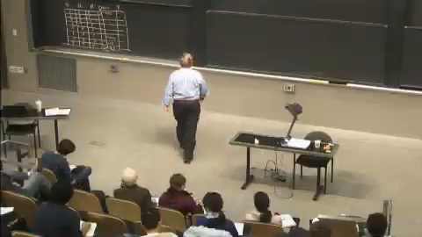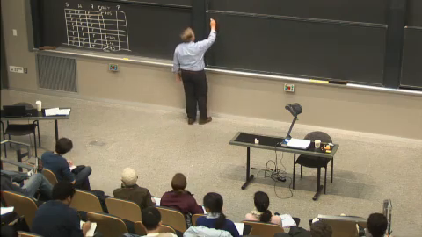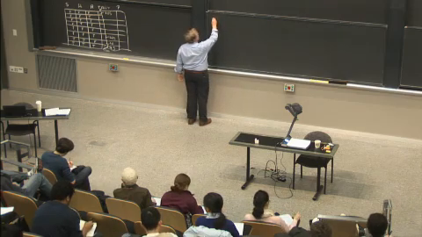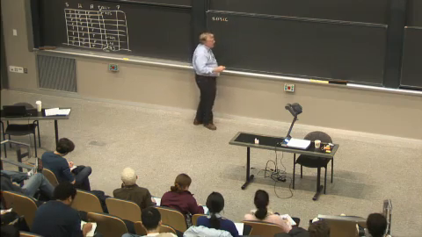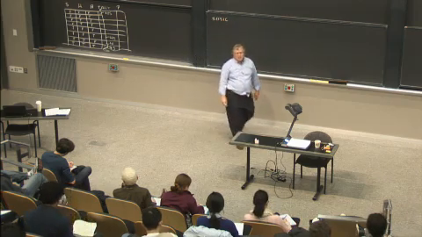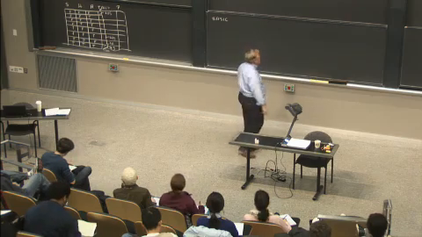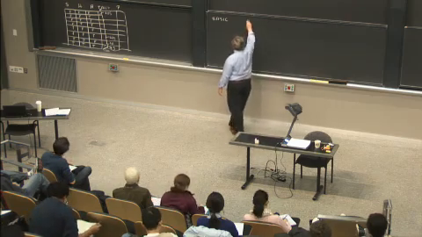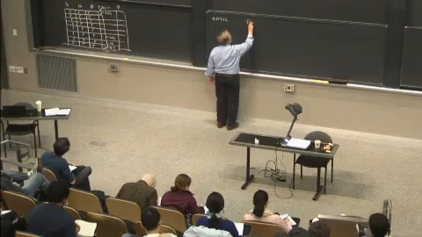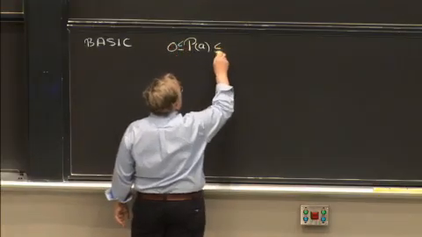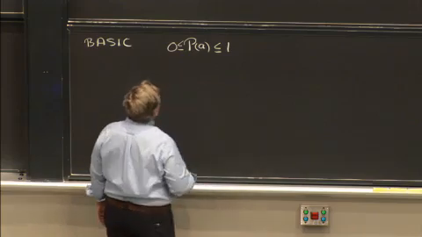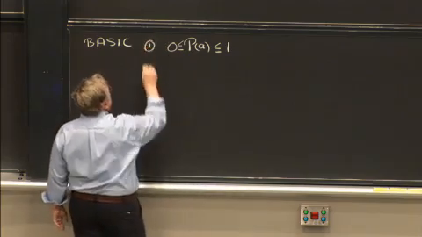The first thing is basic probability. All of probability flows from a small number of axioms. The probability of some event A has got to be greater than 0 and less than 1. That's axiom number 1.